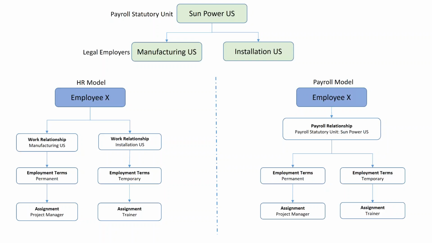One is a permanent employment, which is with the Manufacturing US legal employer. Another is a temporary employment, which is with the Installation US legal employer. Now, you can have two different work relationships with two different legal employers, but both cannot be of the same type. So here, that's why he has one permanent and one temporary.